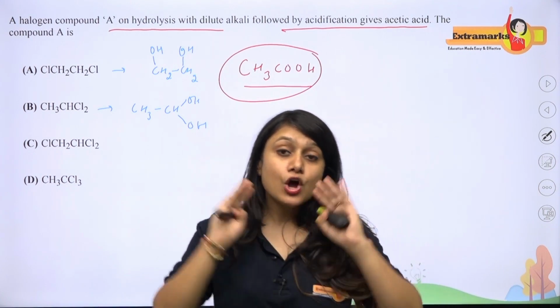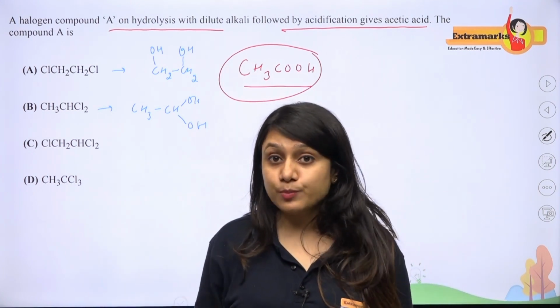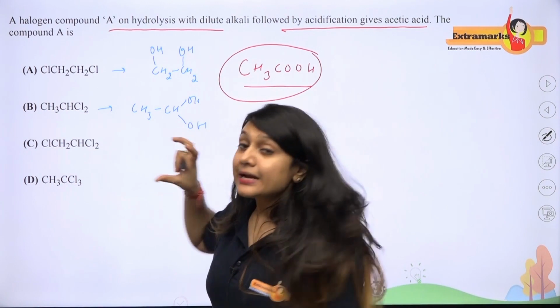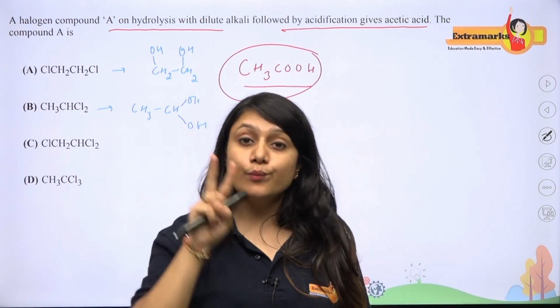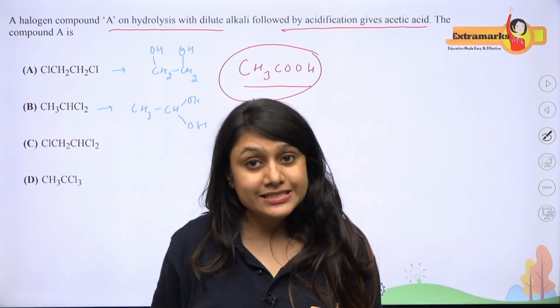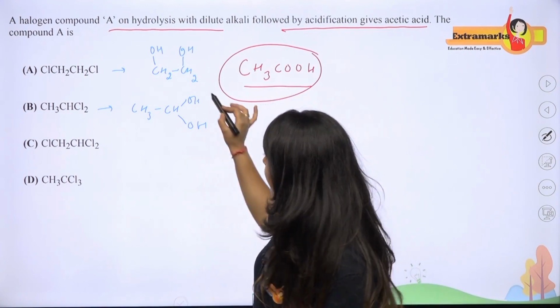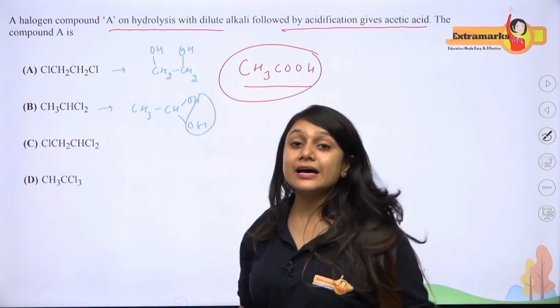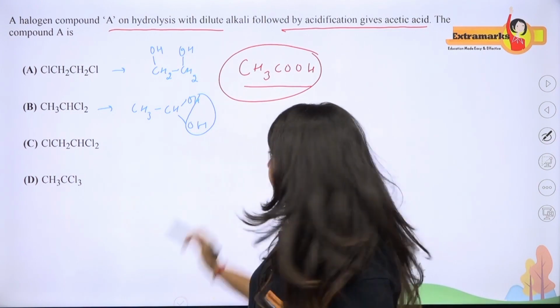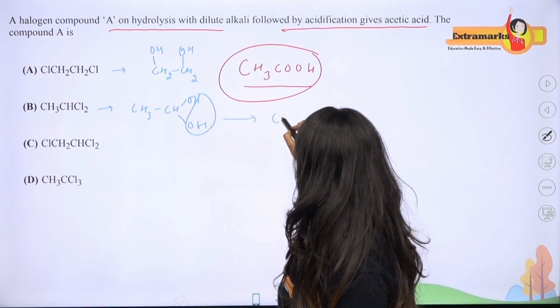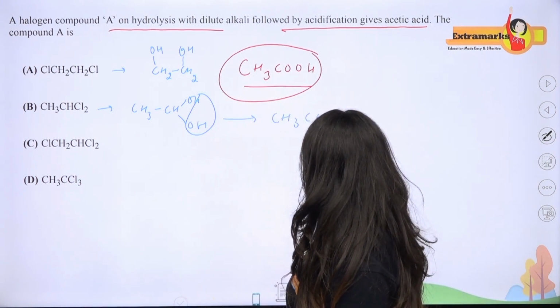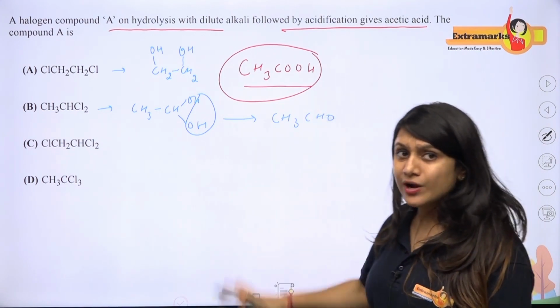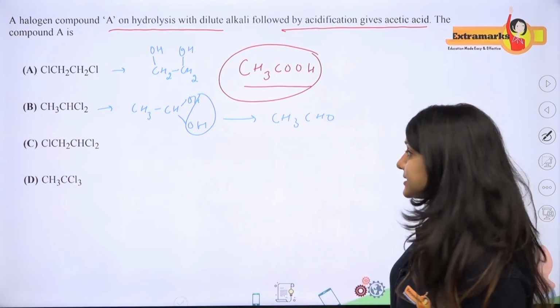And you must have also read that a carbon containing both OH groups is not stable. There will be repulsion, and due to that repulsion, water is removed automatically. So what is going to be formed? CH3CHO. Is this acetic acid? No. This is acetaldehyde, not acetic acid.